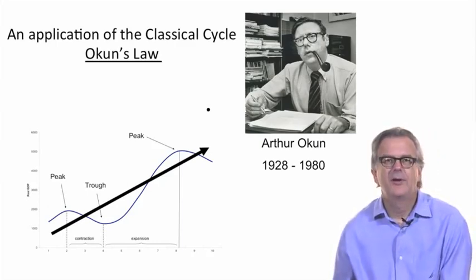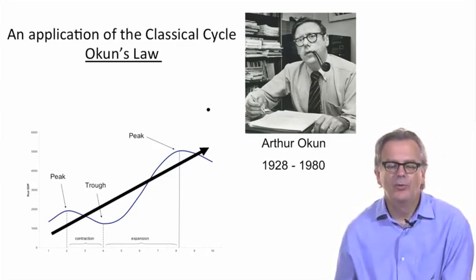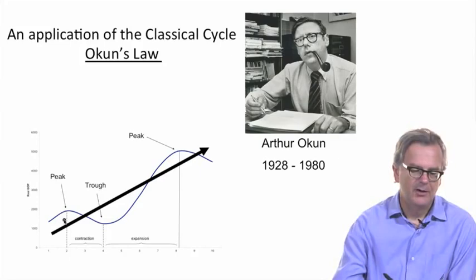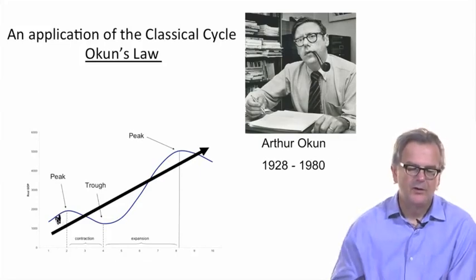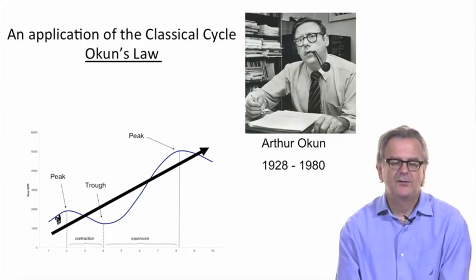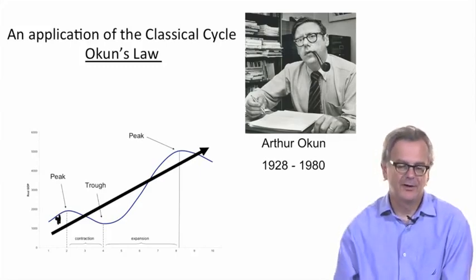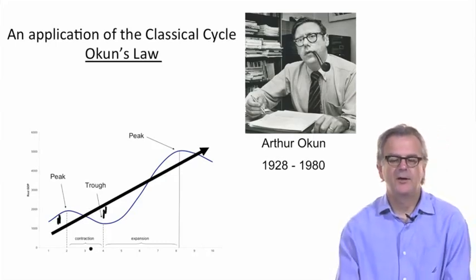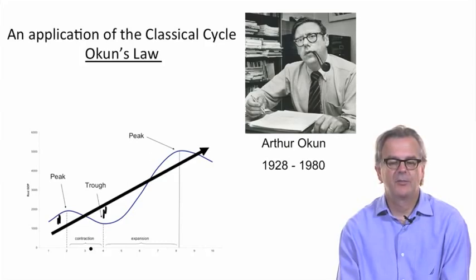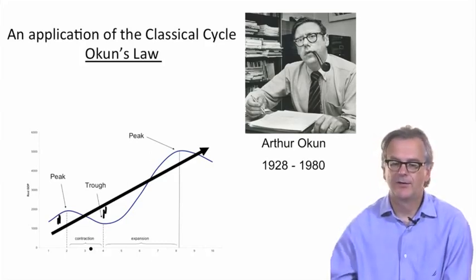So periods of economic boom, periods where the economy is performing very well, well, those are periods where the economy is travelling above its long-run trend. Recessions are these periods where the economy is in fact travelling below its long-run trend.